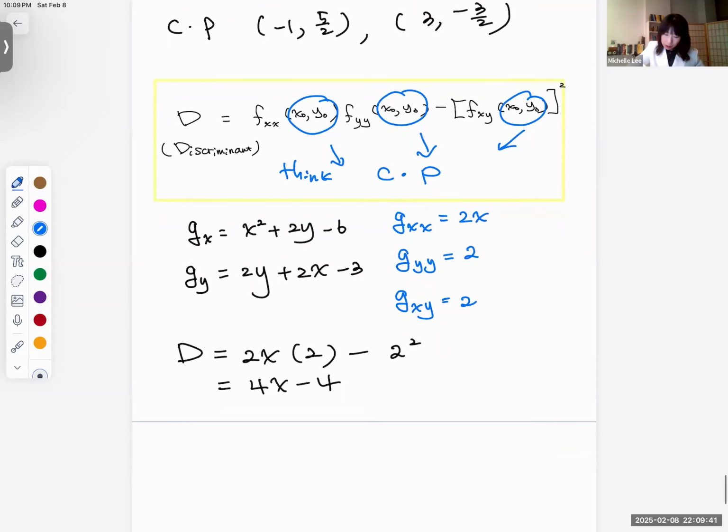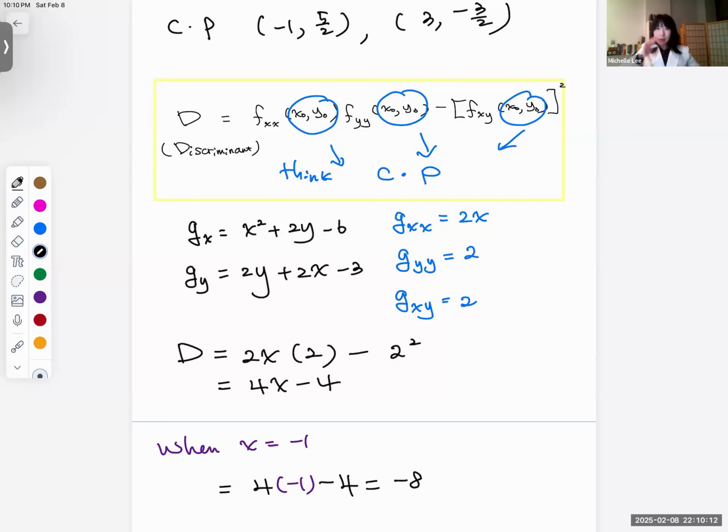So when x equal to -1, 4 minus... -1 minus 4 equal to -4, -4. It's 8, right? -8.